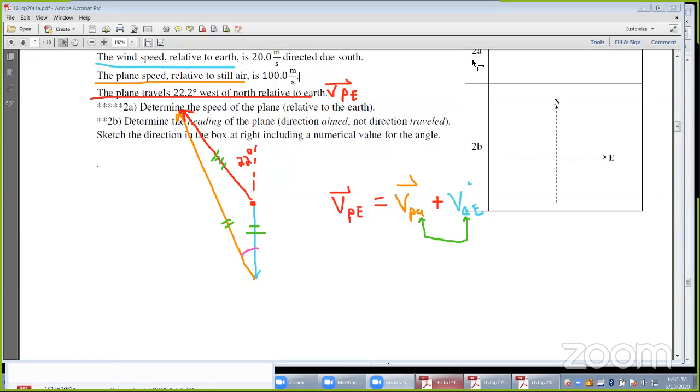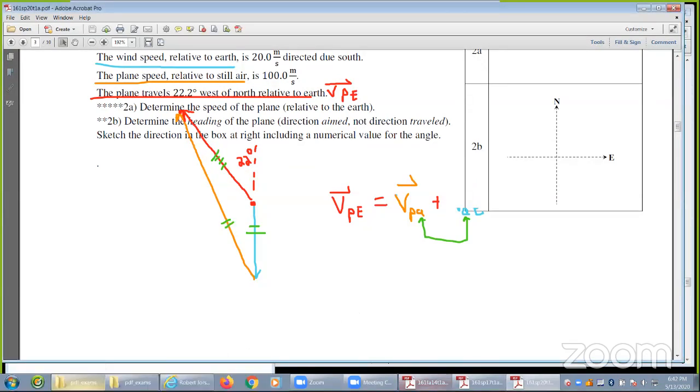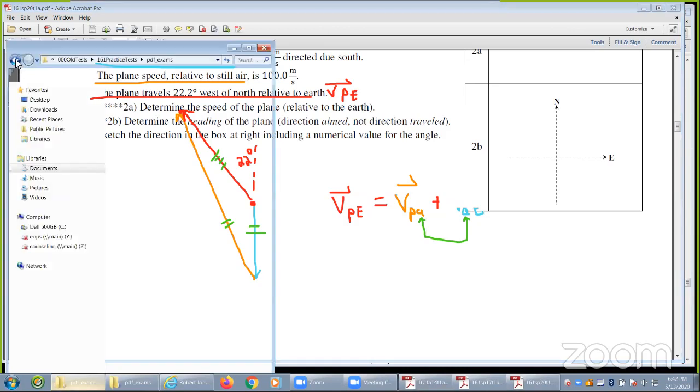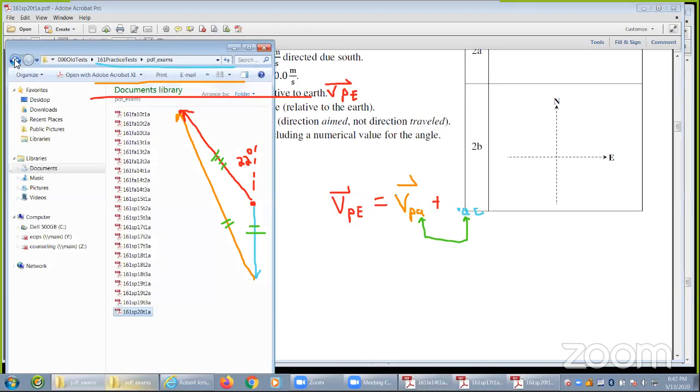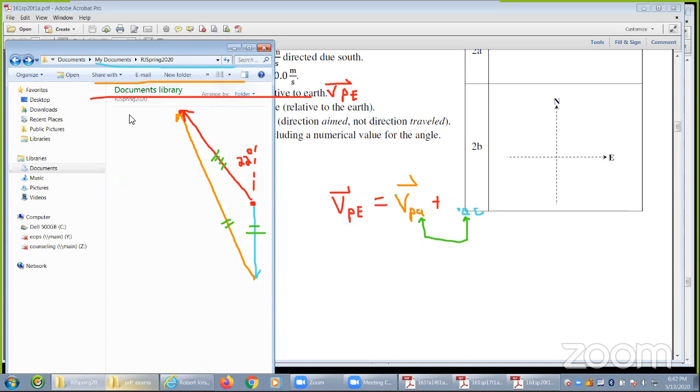All right. That's probably pretty good. Let me see if I can find this other one here too, really quick. I have an old one somewhere. I know where it is. Let me see if I can find it.